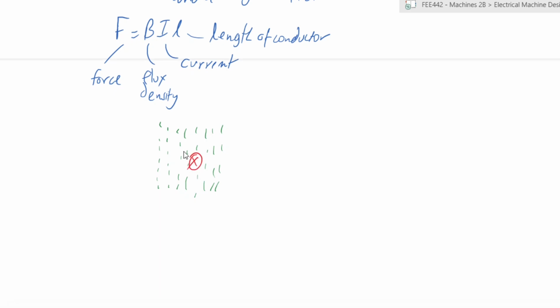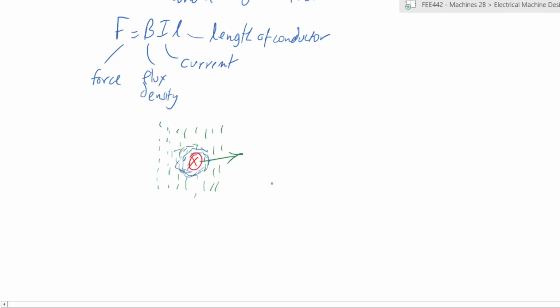And because of the induced magnetic field due to the current carrying conductor, the current carrying conductor has its own magnetic field surrounding it. So that the interaction between these two fields, the existing magnetic field and the field due to a current that is flowing, you will then have a force in a given direction that will act on the conductor.